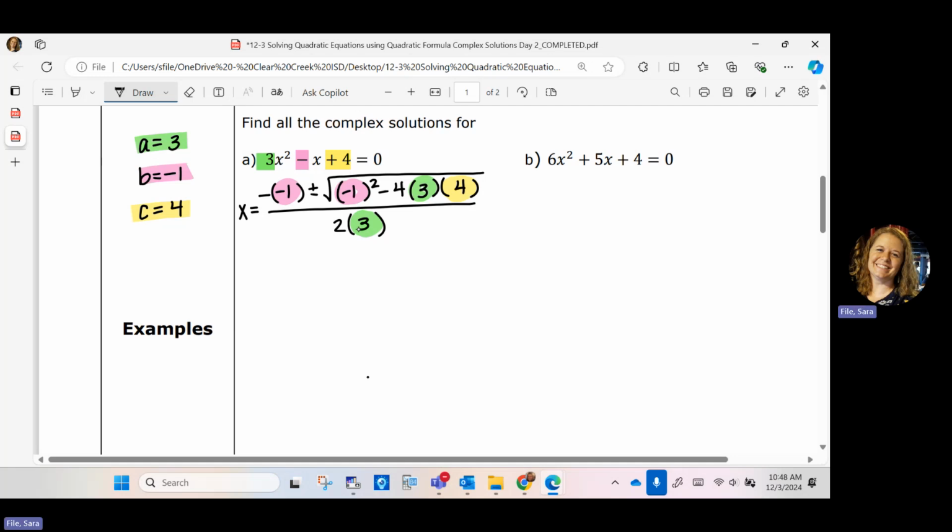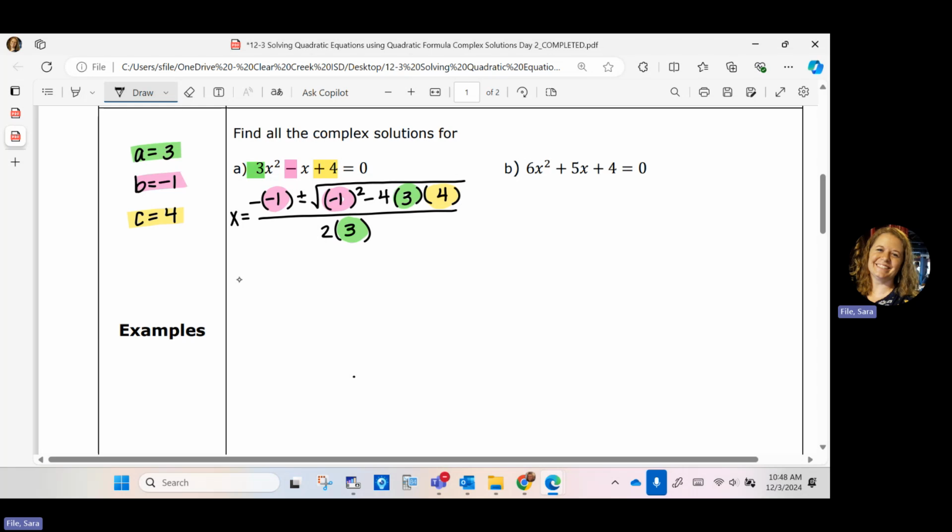All right, now we simplify. The negative becomes positive here, so that's 1. My denominator, 2 times 3, is 6. So I've just got to figure out what that simplifies to under the radical. And I can use Desmos. I don't have to do all this in my head.